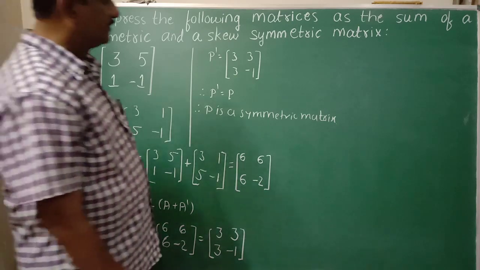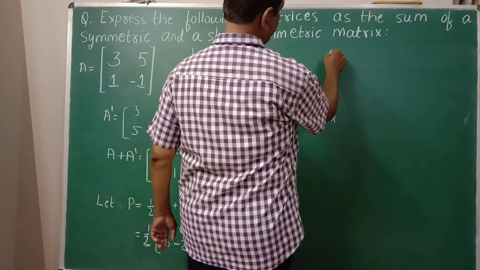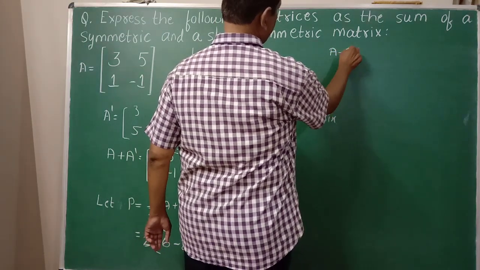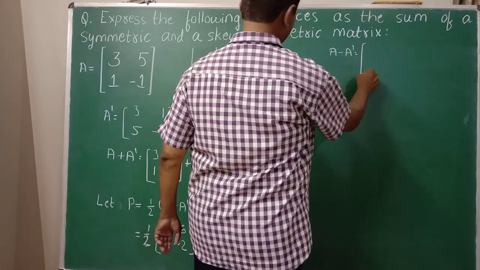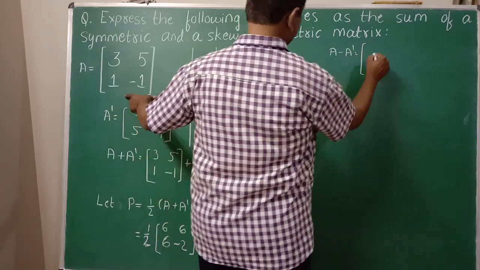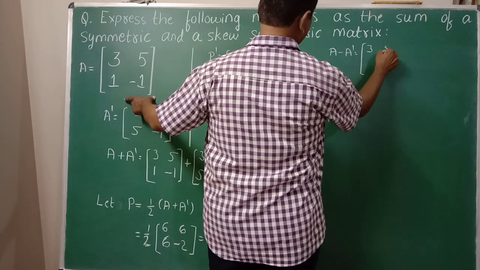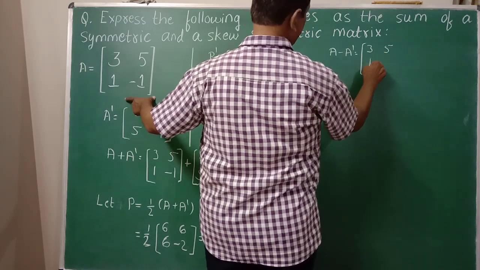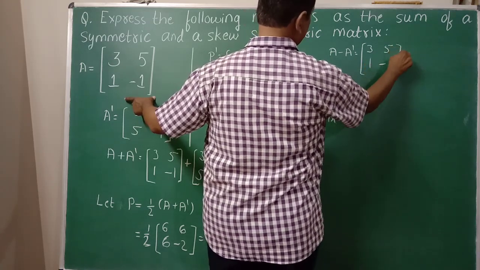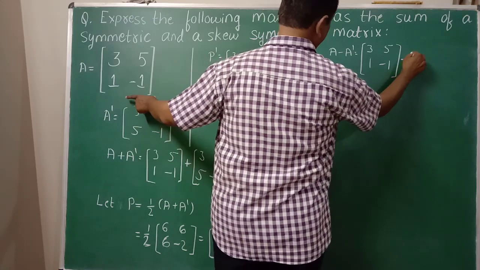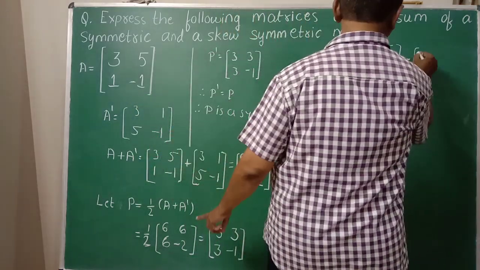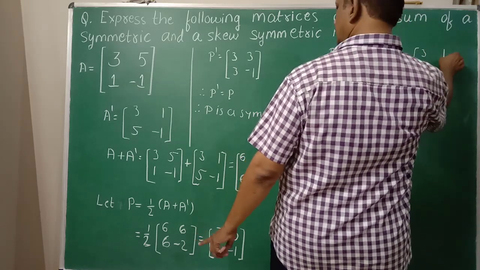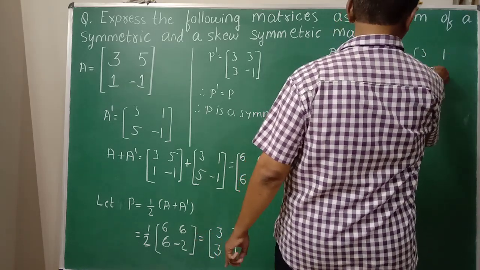Next, subtracting: A minus A dash is equal to, A is this matrix 3 5, 1 minus 1. Minus of A dash is this matrix 3 1, 5 minus 1.